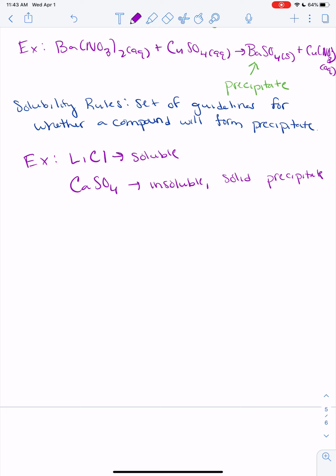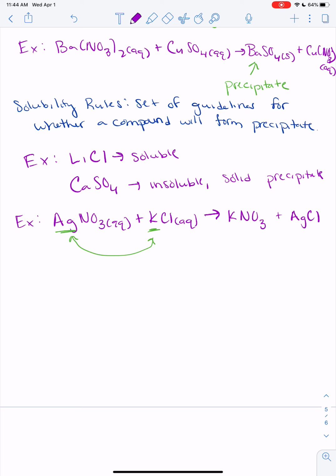So now let's do an example of a full reaction. Let's say we have silver nitrate, AgNO3, which is aqueous, and we have potassium chloride, which is aqueous. The first thing we want to do is predict our products here, and we know our metals are going to switch places. So we're going to get KNO3 plus AgCl.